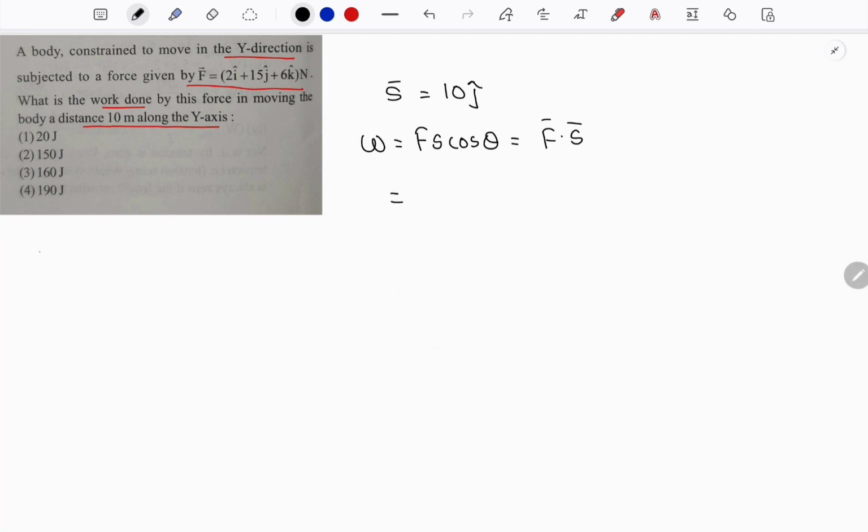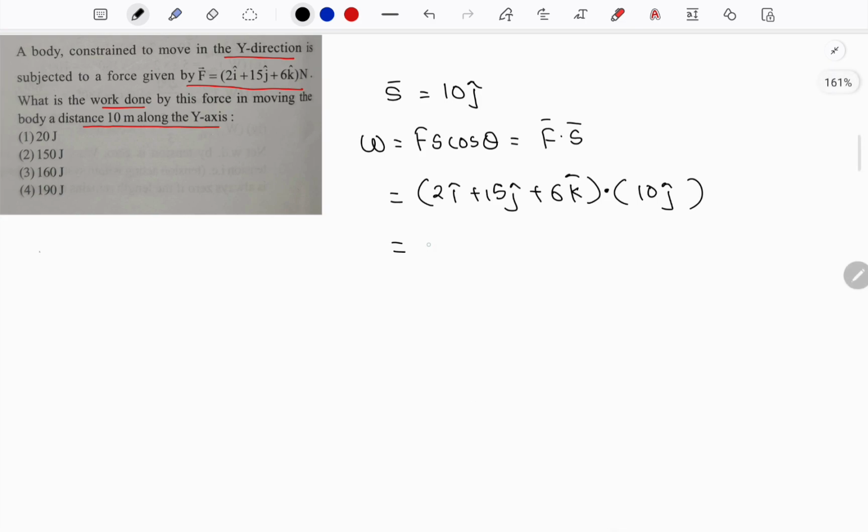And if we dot the given two vectors of force and displacement, this is what we are getting. So we have 2i cap plus 15j cap plus 6k cap dotted with 10j cap. Now the dot product only survives between two similar unit vectors, because we know i dot j is 0 and k dot j is 0 because they are perpendicular to each other.